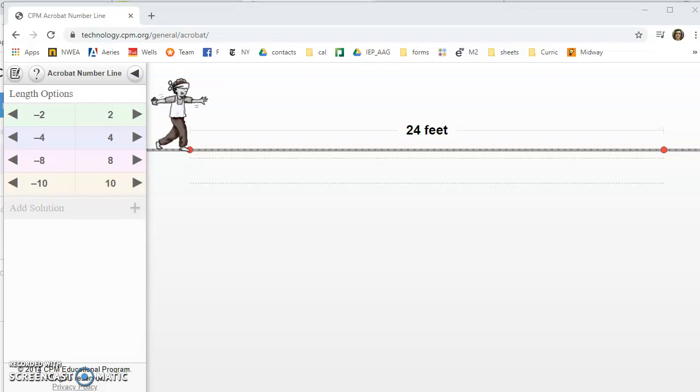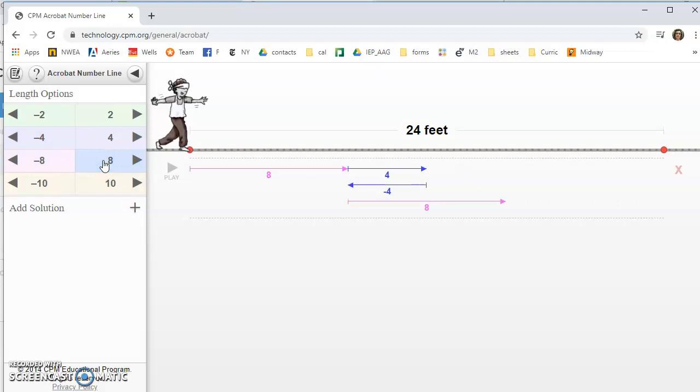This is for the first puzzle. So here's how we get started. We're going to go 8 feet, then 4 feet. We're going to go back 4 feet, go forwards 8 feet, and go forwards another 8 feet. And let's have a look at how this plays. You can play and see where he ends up.